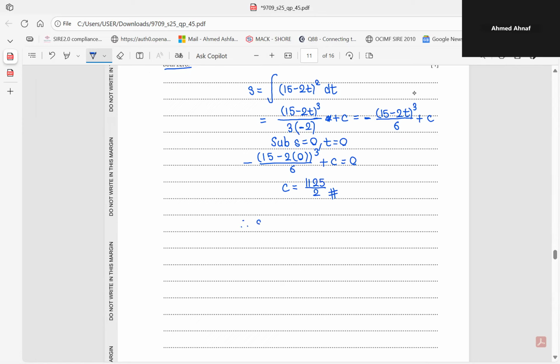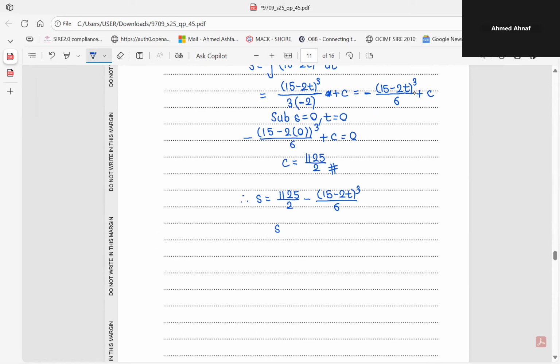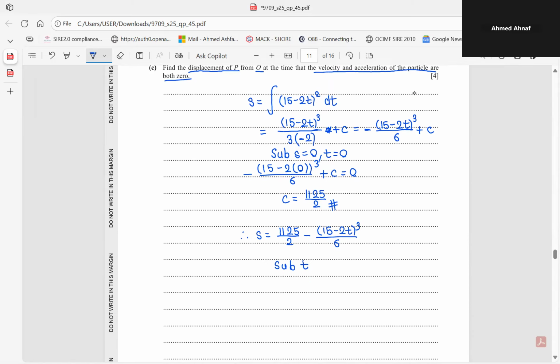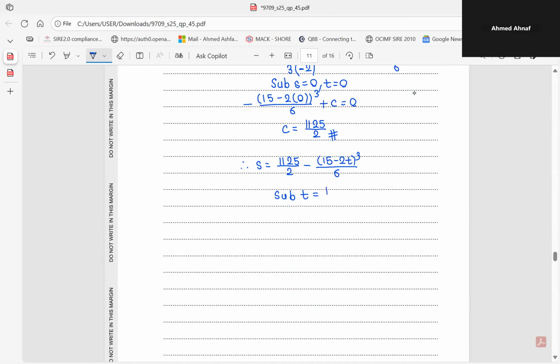So now we can finally have our formula for s. Now we're going to substitute t equals 15 over 2.